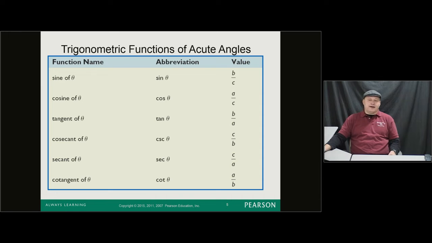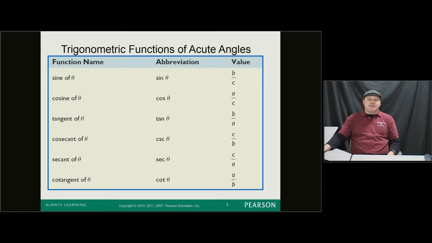So a function of x is f of x. You make sure you put the argument, or it's just the letter f. And sine of theta without the theta is just sin. And the same thing for the remaining five trig functions here.